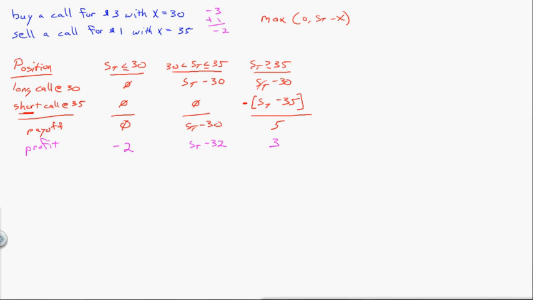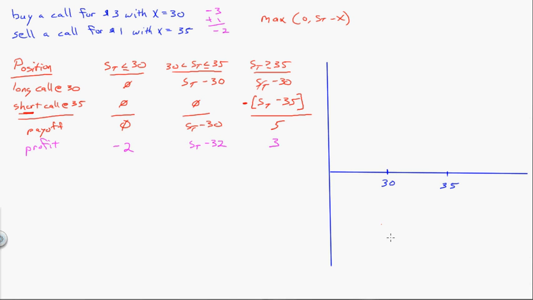Okay, let me try to draw that out. I have space to do it right here, maybe. So my ending stock price, the important stock prices are going to be, here's 30, here's 35.